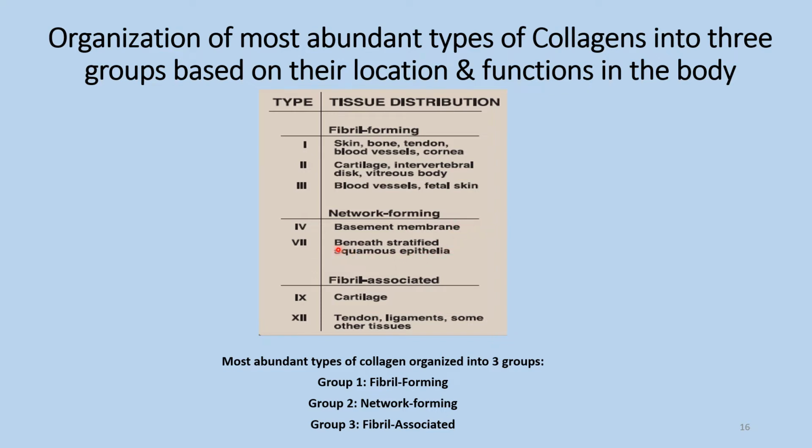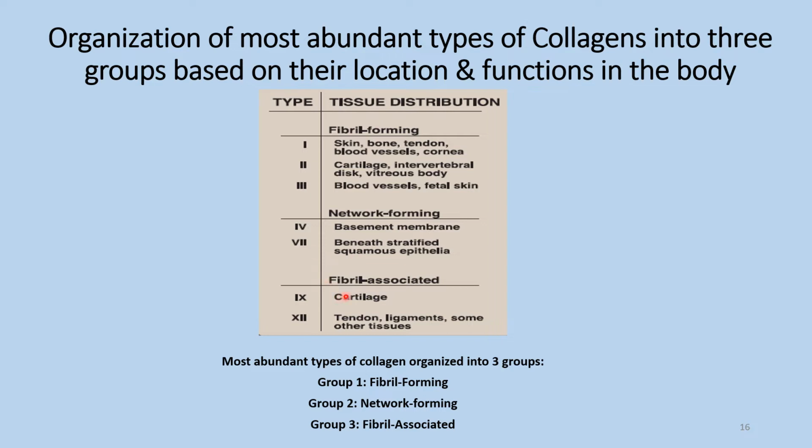They are also found beneath the stratified squamous epithelium where there is no basement membrane, only the collagen fibers. They provide the site of attachment for the epithelial cells, because here they need to stretch, for example in the urinary bladder.